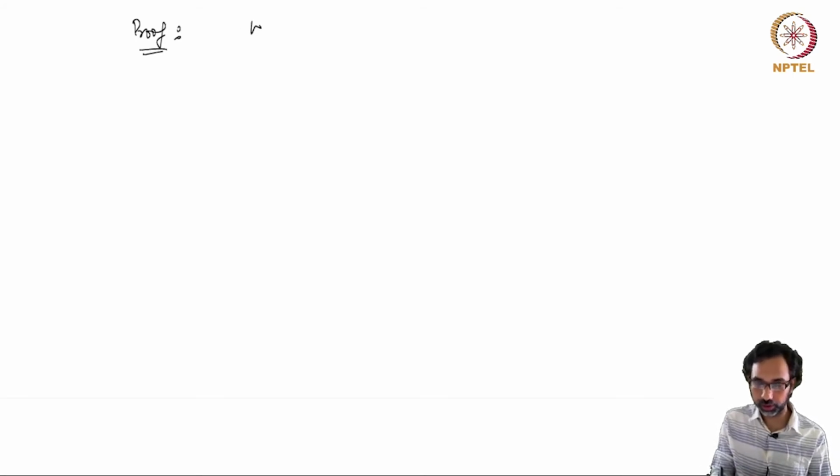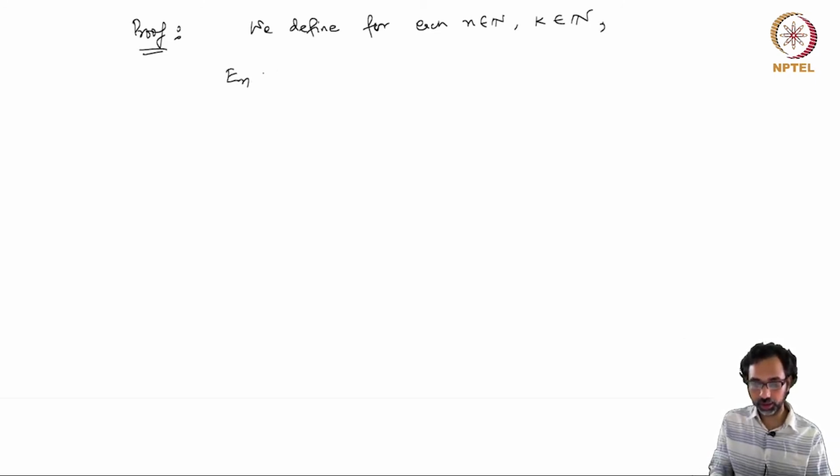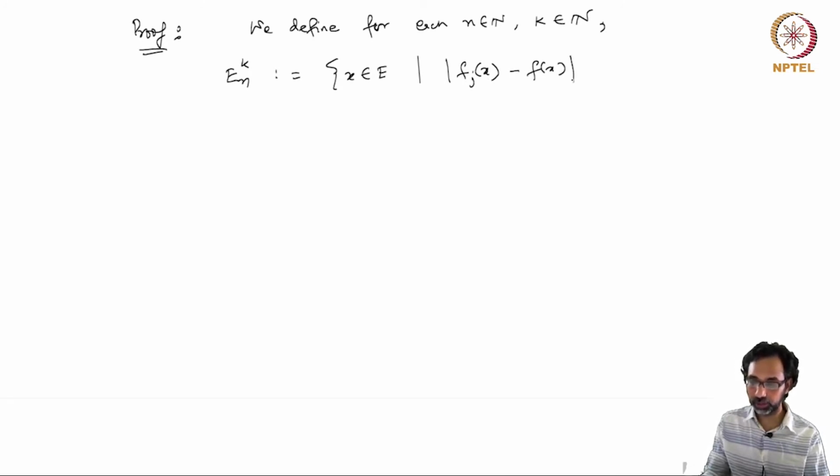So we define, for each n a natural number and k a natural number, E_{n,k}, which is the set of all points in E such that the modulus of f_j(x) minus f(x) is less than 1 over n for all j greater than k.